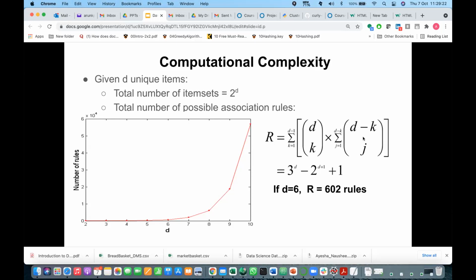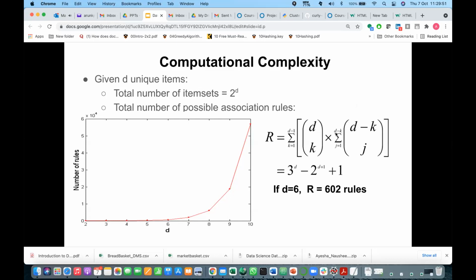How many elements do you have now to select the right side set? d minus k. If you already selected k for x, then d minus k are available for y. As k changes, d minus k also changes. If k equal to 1, d minus 1 are available. If k equal to 2, d minus 2 are available. Then out of d minus 2, again you can select 1 to d minus k elements.